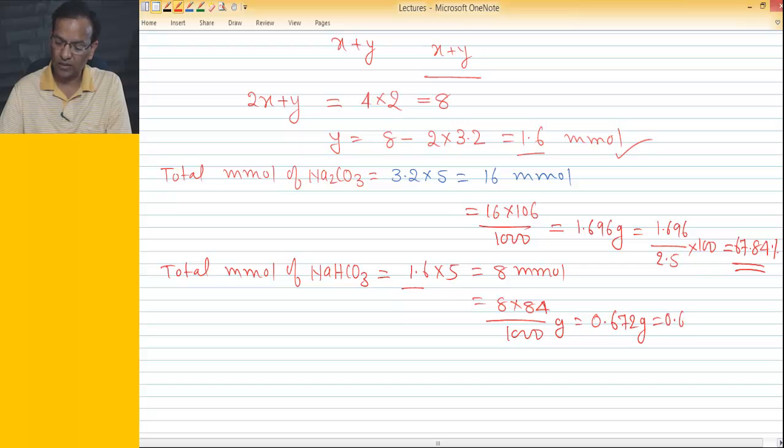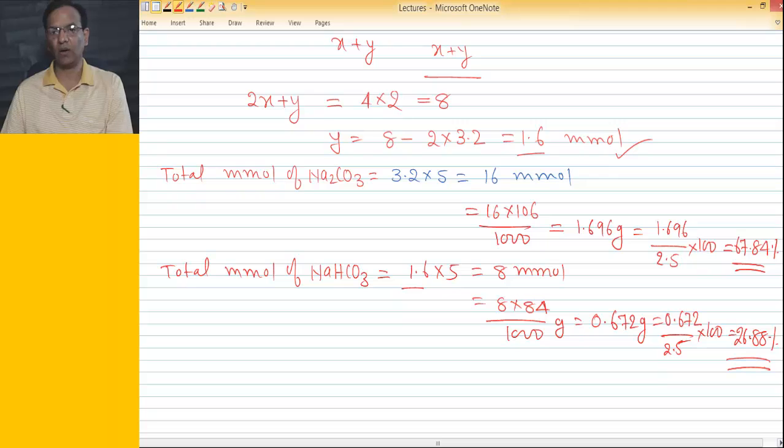So 0.672 upon 2.5 into 100. So it will be 26.88%. So that is how we carry out the calculation based on the experiment involving uses of phenolphthalein and methyl orange endpoint.